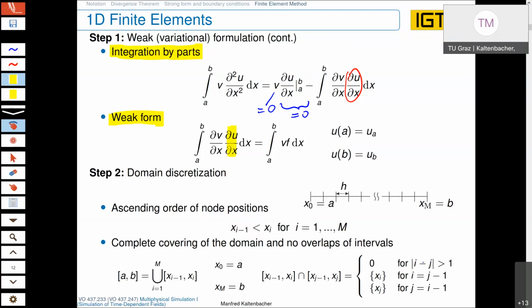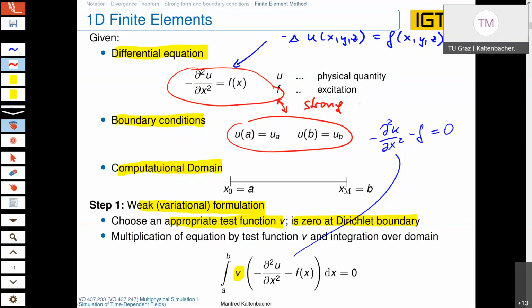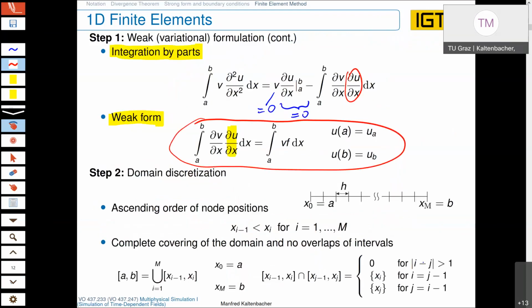What is important to say is that this weak formulation is really also including the Dirichlet boundary, and that it is totally equivalent to the strong formulation, which is our partial differential equation, or ordinary in this case, and the boundary. Together we also call this the strong form of our problem. So there are no approximations.